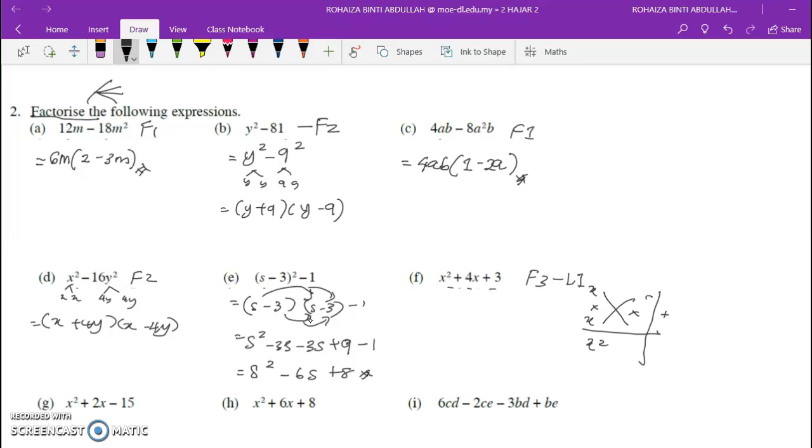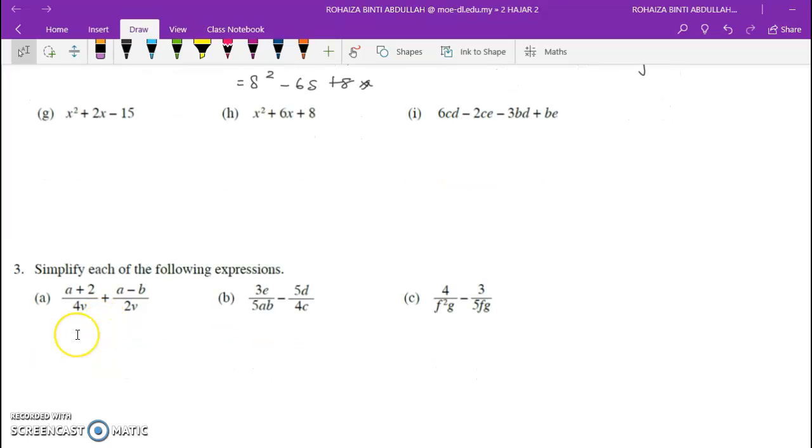And then 3 multiply 1 is 3. 1x, 3x plus 4x. So, first, x plus 3. Second, x plus 1. Okay.